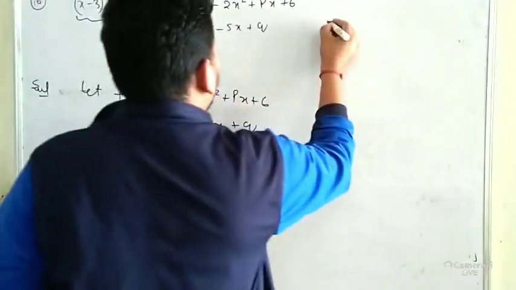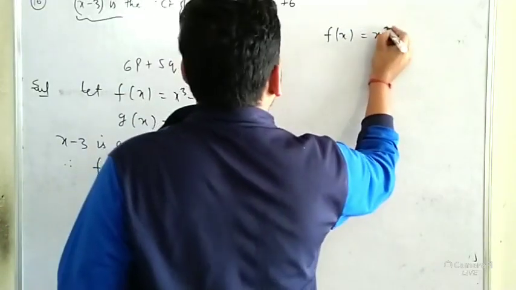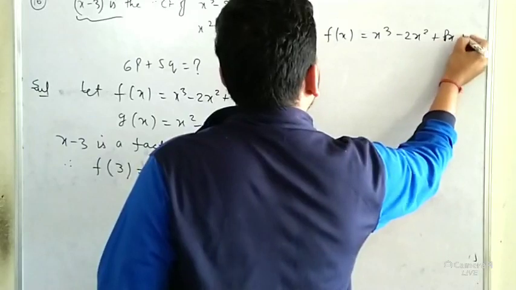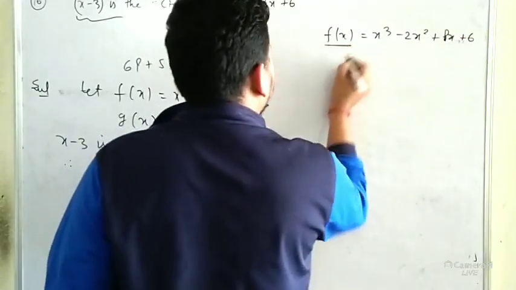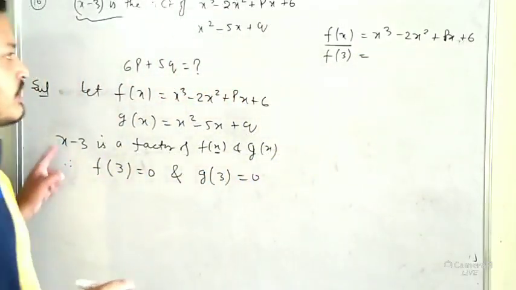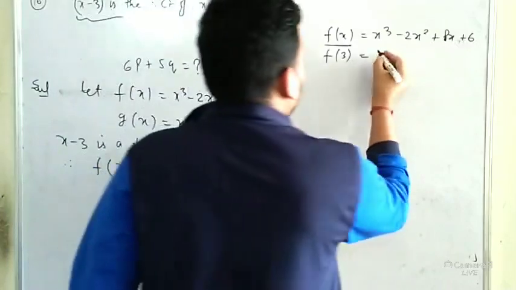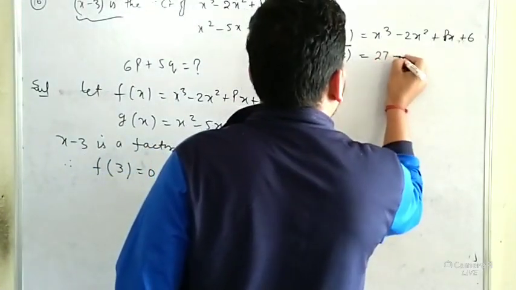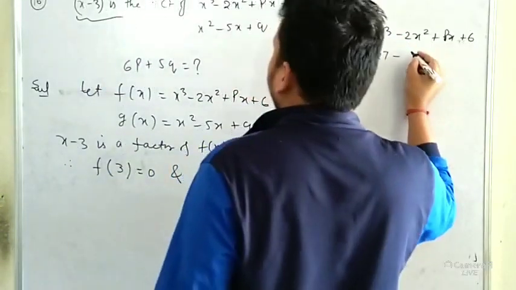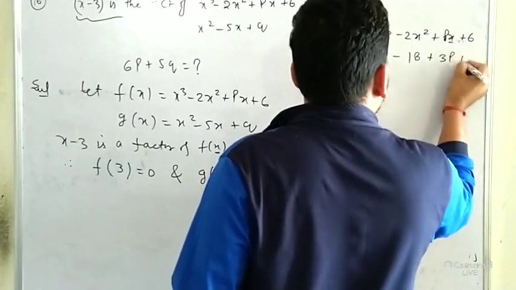First taking f(x) is equal to x cube minus 2x square plus px plus 6. What is the value of this for 3? Putting x minus 3 is equal to 0, we get x is equal to 3. So f(3) is 3 threes are 9, 3 nines are 27, minus 3 threes are 9, 9 twos are 18, plus 3 into p, plus 6.